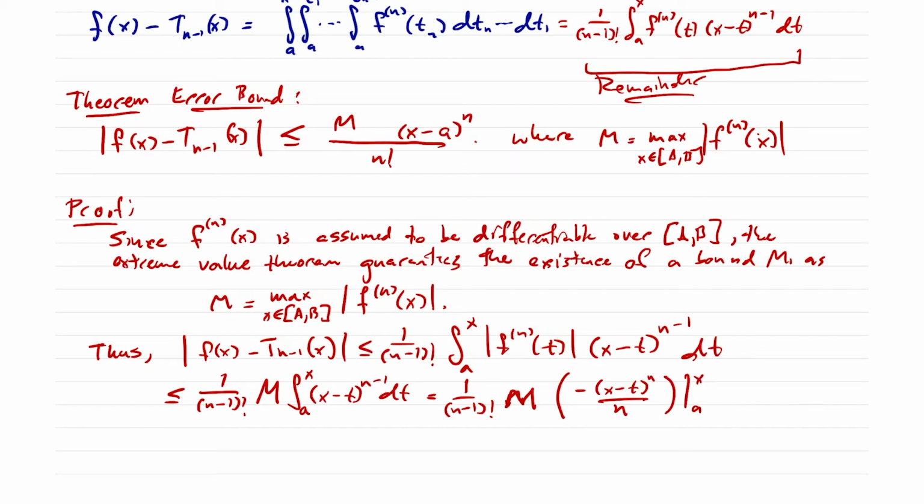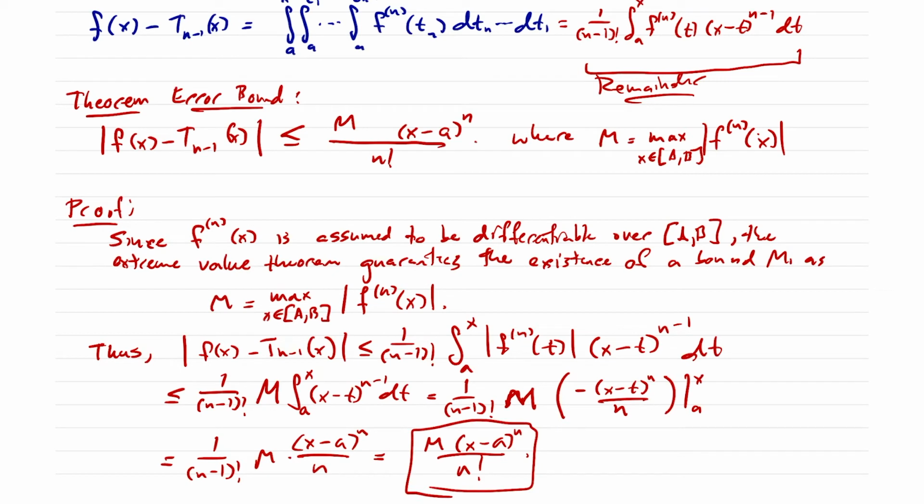And so ultimately that gives us 1 over (n minus 1) factorial times M times (x minus a)^n over n, and we can finally conclude with our formula. Okay, cool. And so this is a bound on the remainder formula. And so we stop there.